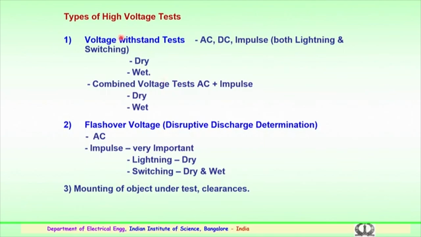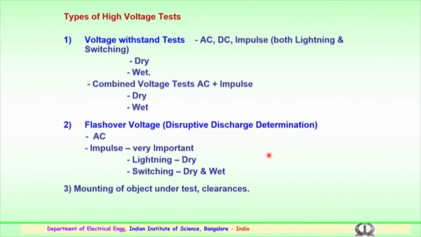So this is voltage withstand: whether the equipment will be able to withstand dry and wet conditions for AC, DC, impulse, lightning and switching surges. The second is the flashover voltage, or disruptive discharge, to determine the flashover strength of the insulation. Again, here tests like AC for the rated voltage, with values determined by the standards, are applied.